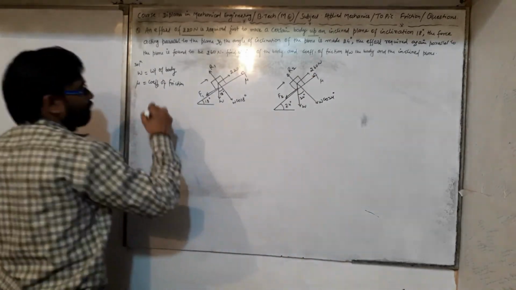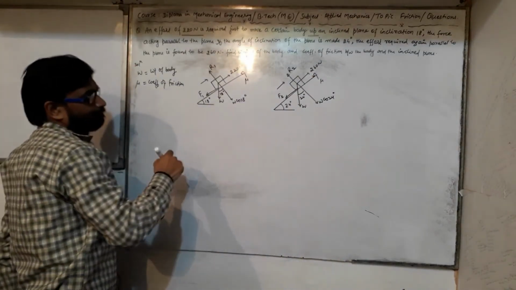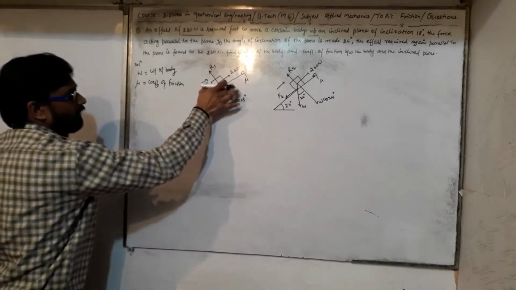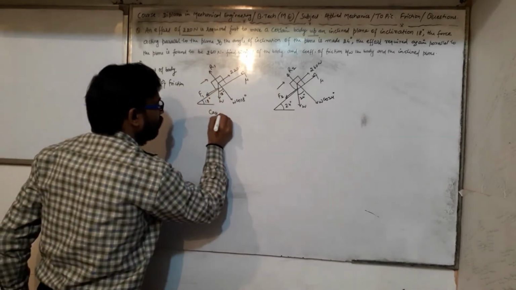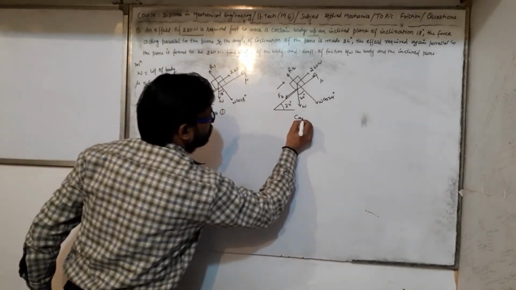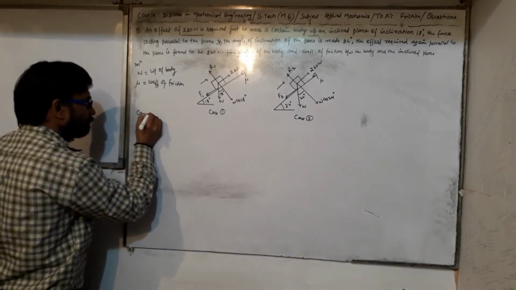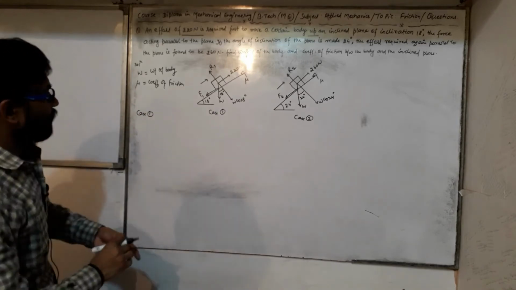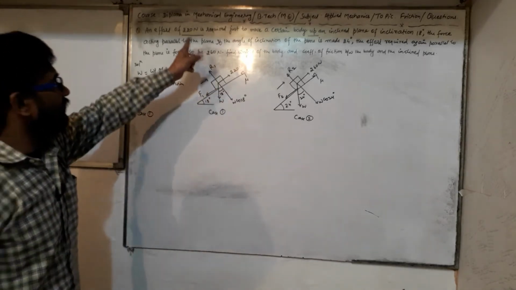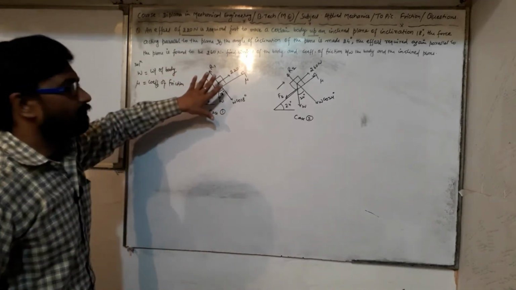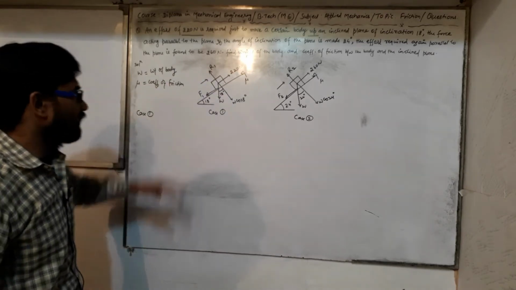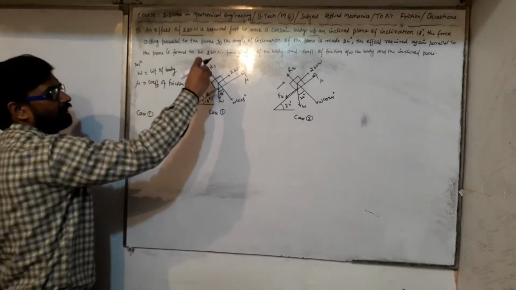Okay, so here it is case 1 and this is case 2. Now for case 1, see, the body is in equilibrium. Tendency of the body is to move up, but the body is not actually moving up. The body is in equilibrium condition.